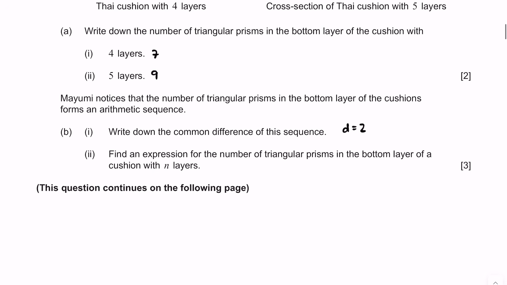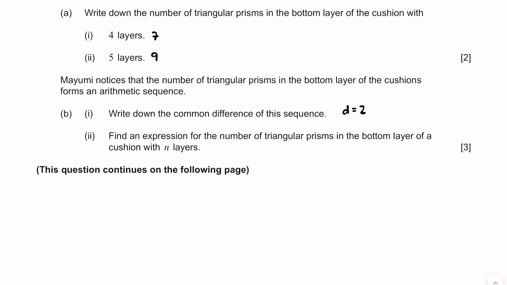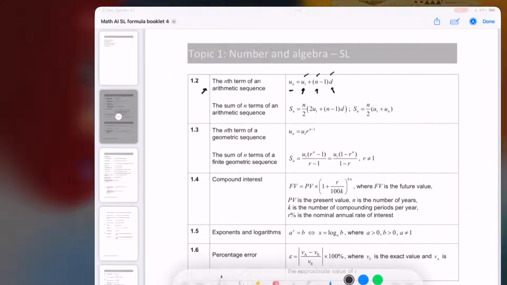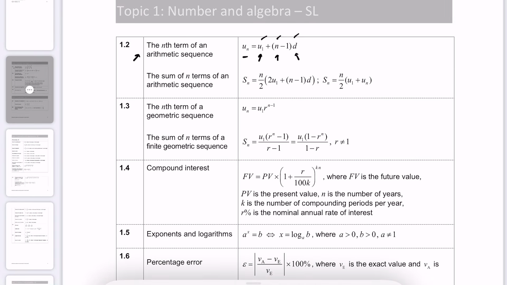And we can. For that, we'll use our arithmetic sequence formula. So this is in our formula booklet, and actually you can go and bring it up. Here it is. Maybe I'll actually erase these parts and go over this. So in this case, un is the value of a given term, in this case, how many triangular prisms. u1 is the value of the first term, n is the term number, what we would substitute in a situation, and d is the common difference.